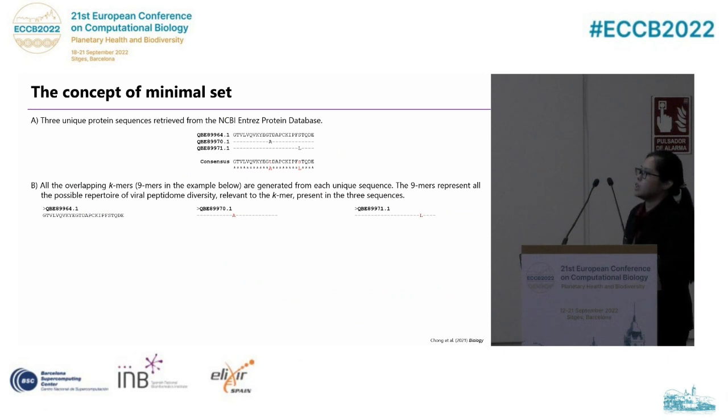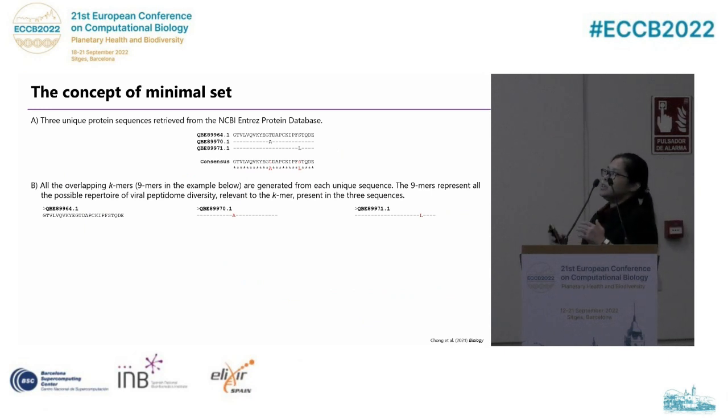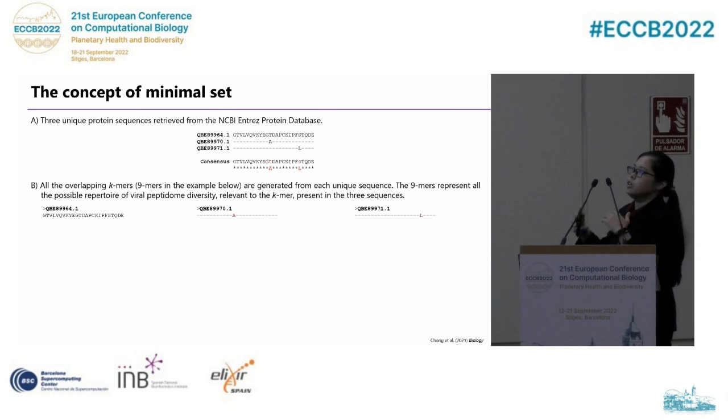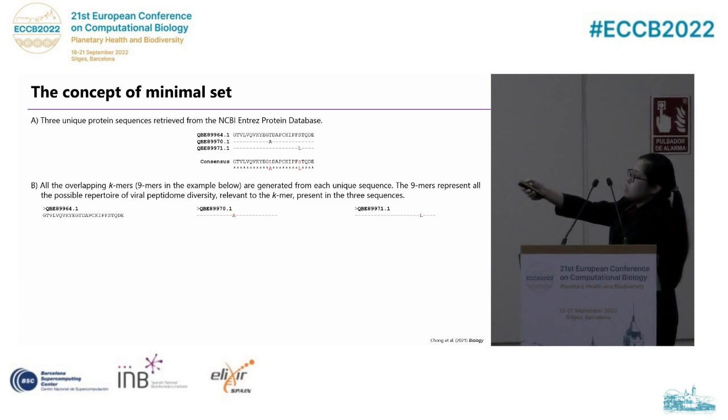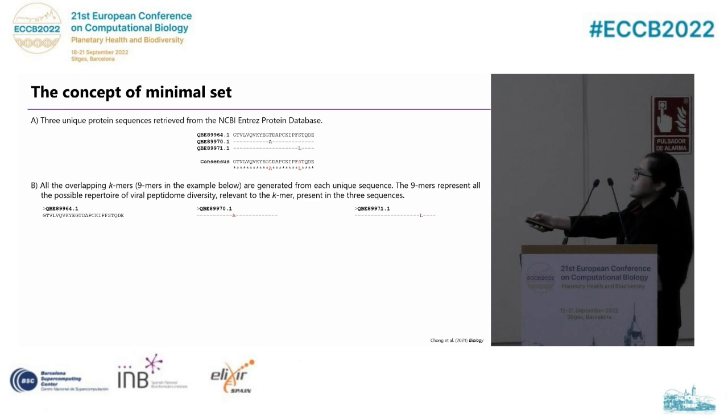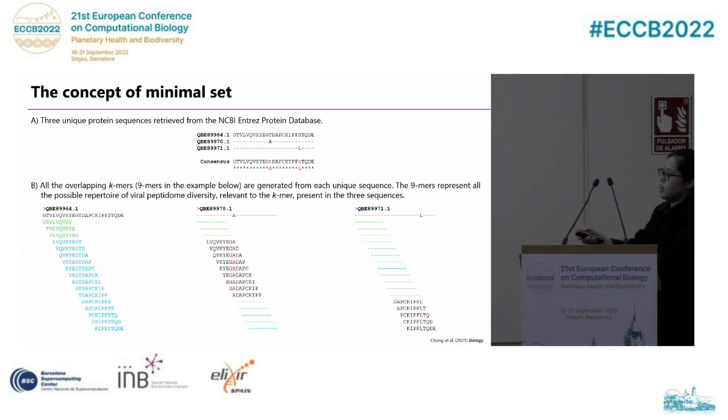So let's look into the concept of the minimal set. This concept actually is the key to UniqueMer's ability to compress the biological sequences. So let's say we have these 3 unique sequences in our initial data set. We then try to generate all the overlapping k-mers from each sequence. In this example, we are using 9-mers for the immunological applications.